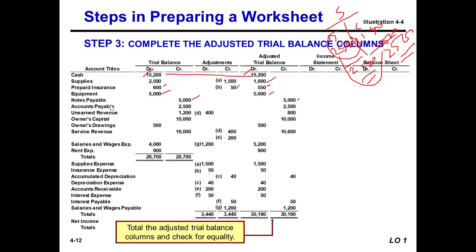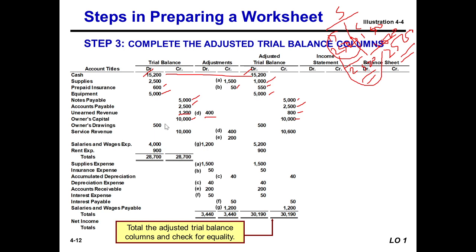Accounts payable 2500, this is the 2500. And unearned revenue, this is the 1200, this is the credit and this is the debit. So credit is higher than debit, and after balancing it will be 800 credit. And owner's capital, no adjustment here, so owner's capital 10,000.